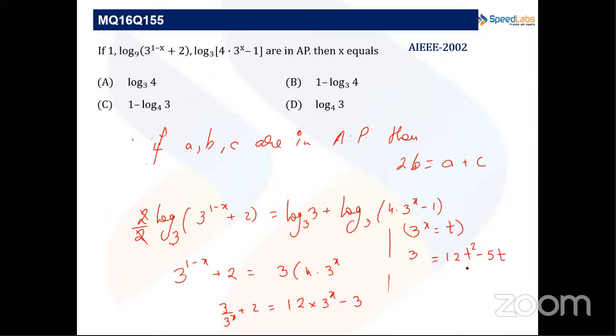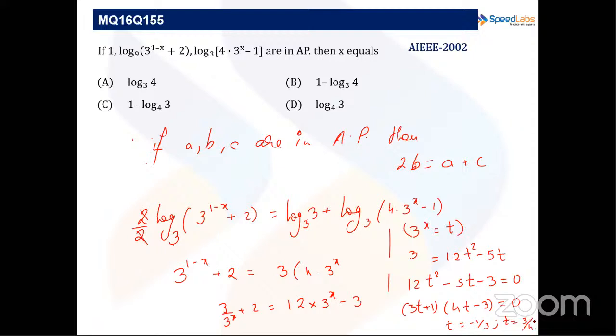From this we will get a quadratic equation, 12t square minus 5t minus 3 equals 0. So on factorizing, we will get (3t plus 1) into (4t minus 3) equals 0. So the value of t will be either minus 1 by 3 or 3 by 4.